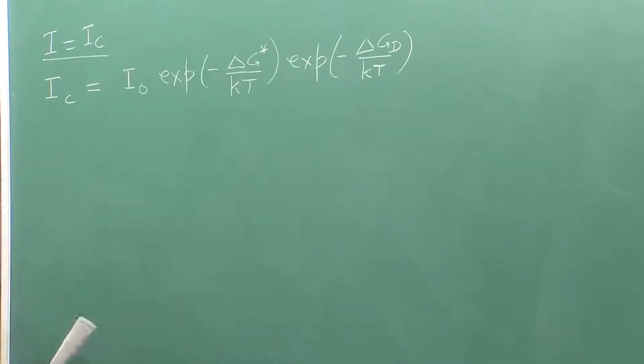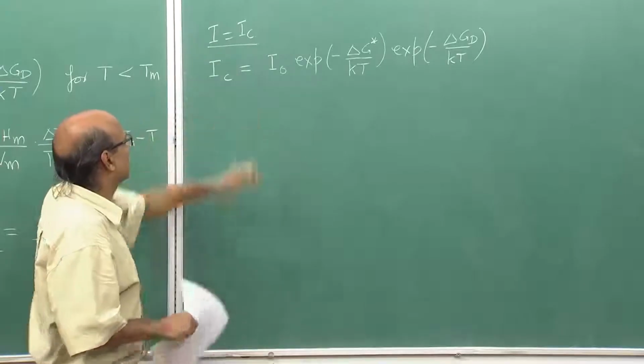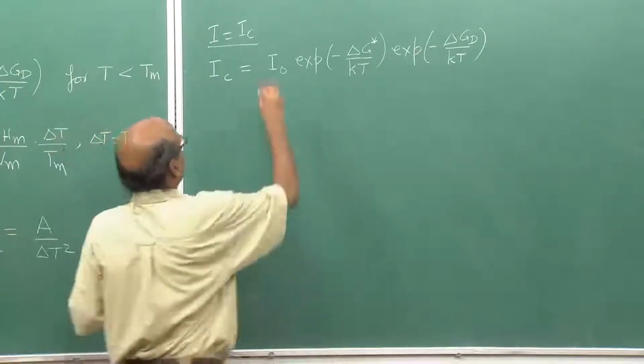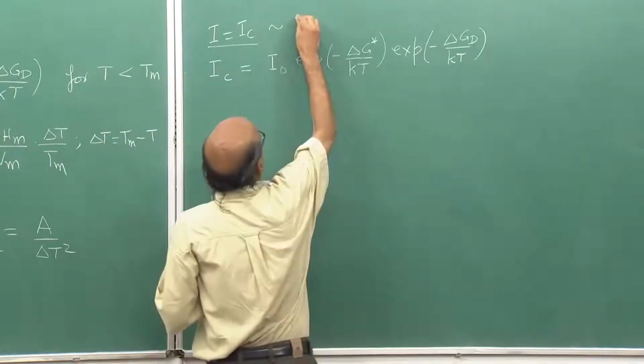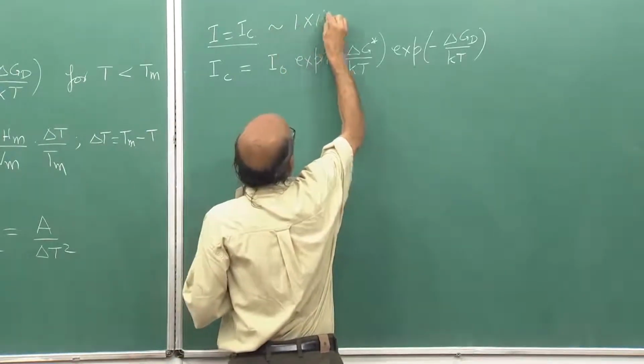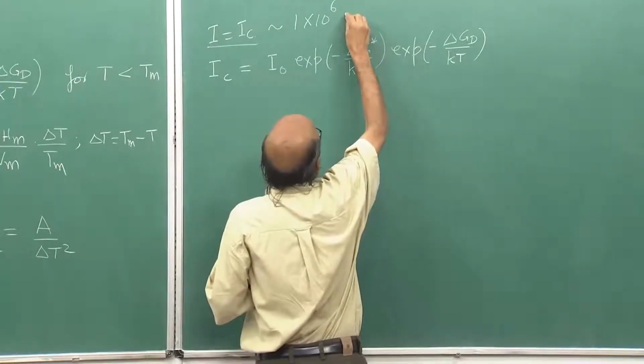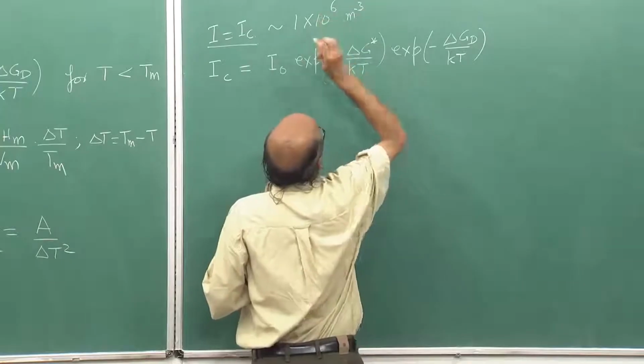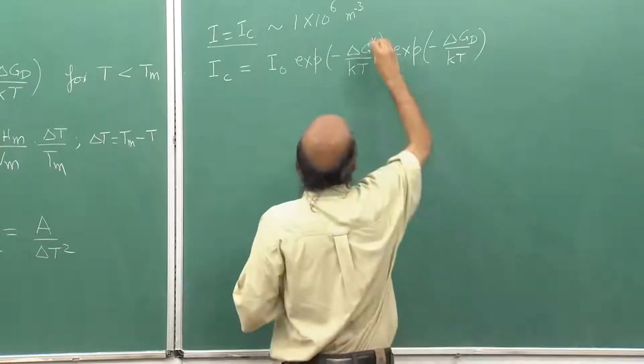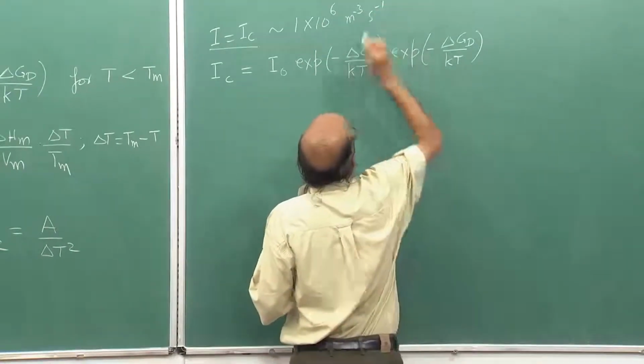For a given critical rate, and in fact very often this critical rate is taken to be 1 into 10 to the power 6 nuclei formed in a meter cube per second.